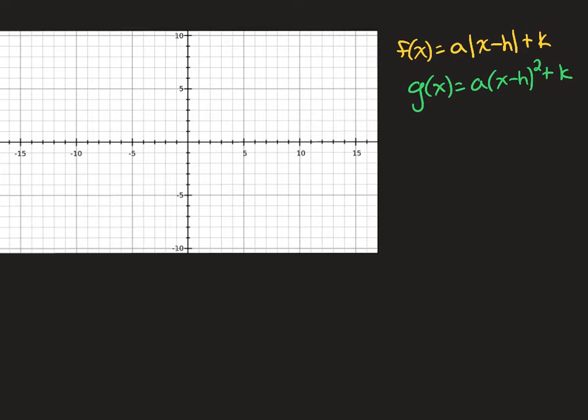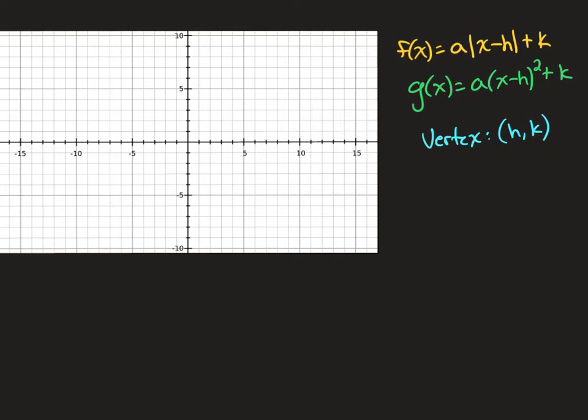You remember for the quadratic function, and it goes the same with the absolute value. Our vertex for both of these is h comma k. Now you'll notice that in these equations, it's negative h, so it's always the opposite here.